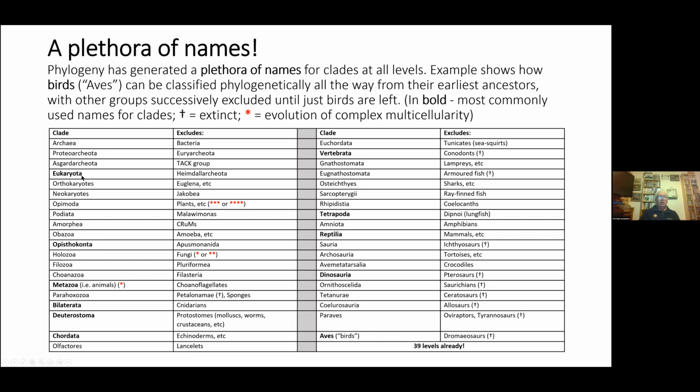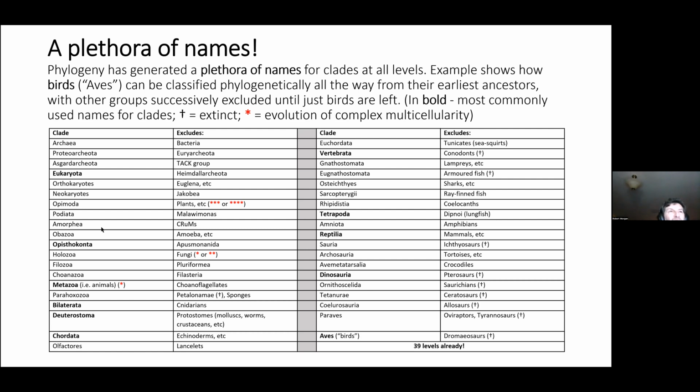I'm unmuted, right, okay. Yeah, so then if you get rid of all the things which are sort of bacteria-like organisms, you eventually get to eukaryotes, which are still single-celled, but rather more complex organisms.